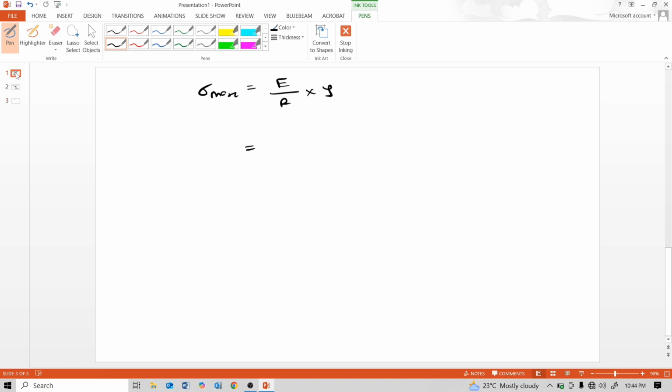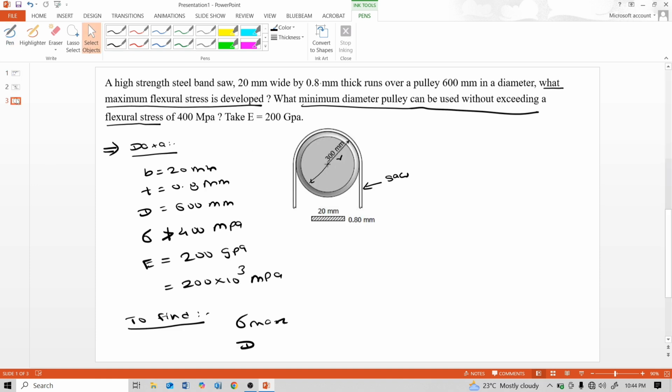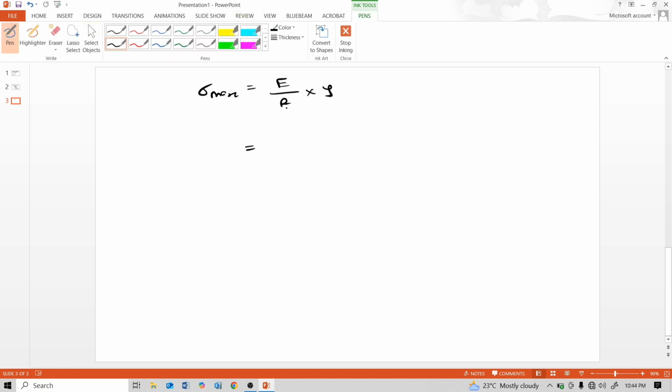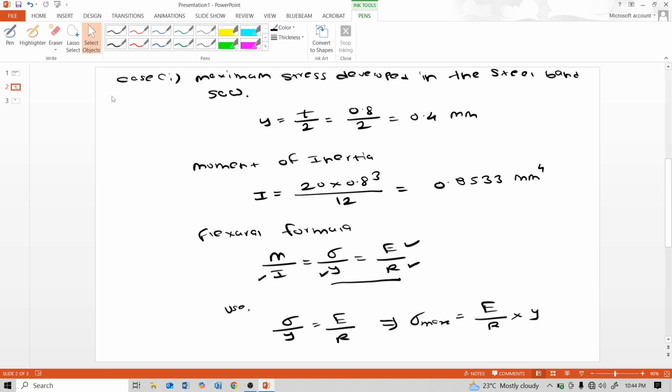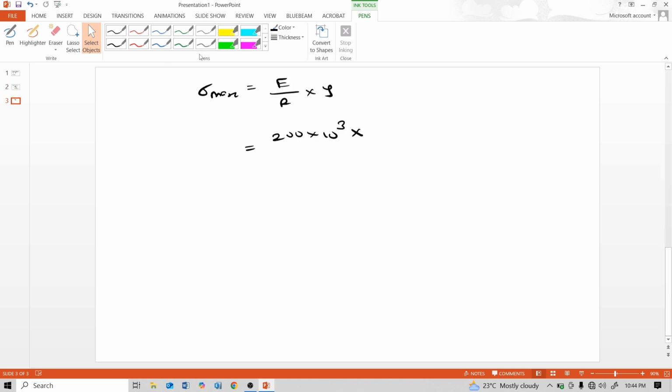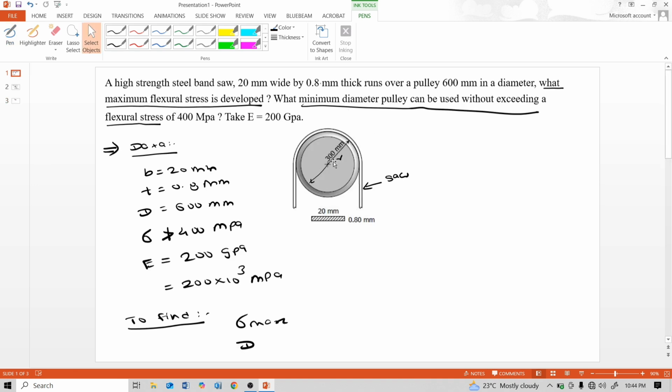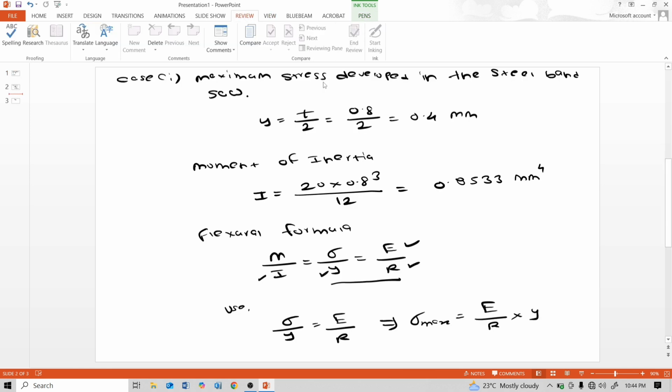Here E is 200 into 10 raised to 3. Y is the neutral axis we calculated in step 1, 0.4 mm, and R is 300 mm, the pulley radius.